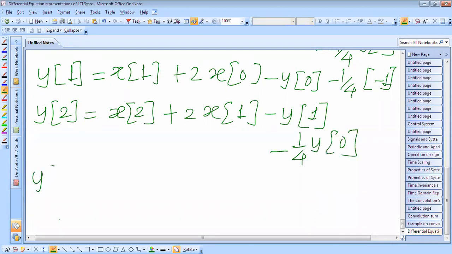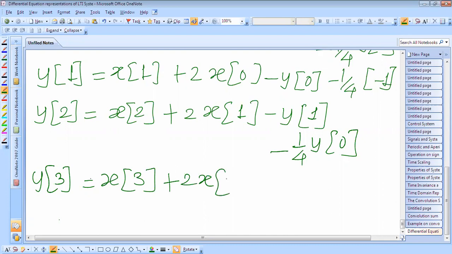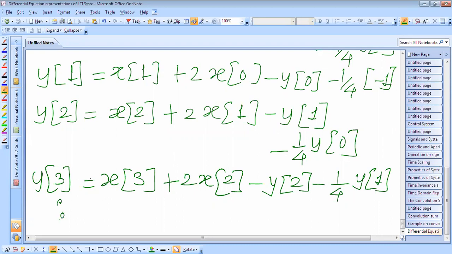Next is y of 3. We just put n equal to 3 in the output equation. Here we get x of 3 plus 2 into x of 2 minus y of 2 minus 1 over 4 into y of 1, and similarly by increasing n.